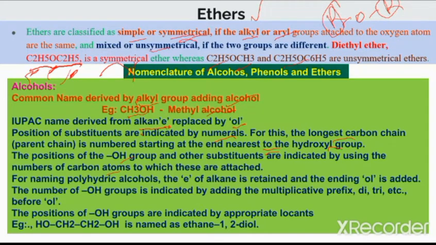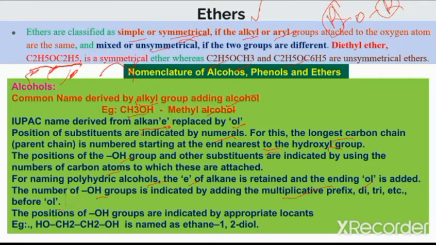For the naming of polyhydric alcohols, the E of the alkane is retained, and the ending ol is added. The number of OH groups is indicated by adding a multiplicative prefix, like di, tri, tetra. In addition, we also mention the numeral value of the position of the particular hydroxy group before the ol.